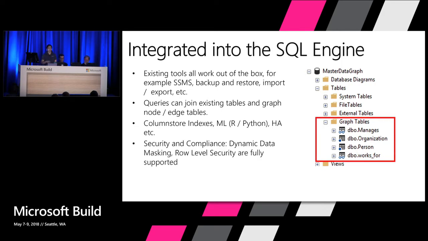So you get high availability and everything out of the box for graph. We support all the security and compliance features, so dynamic data masking, row-level security, you just get it out of the box for your graph schema or graph tables too. And this is available on SQL Server on Linux as well.